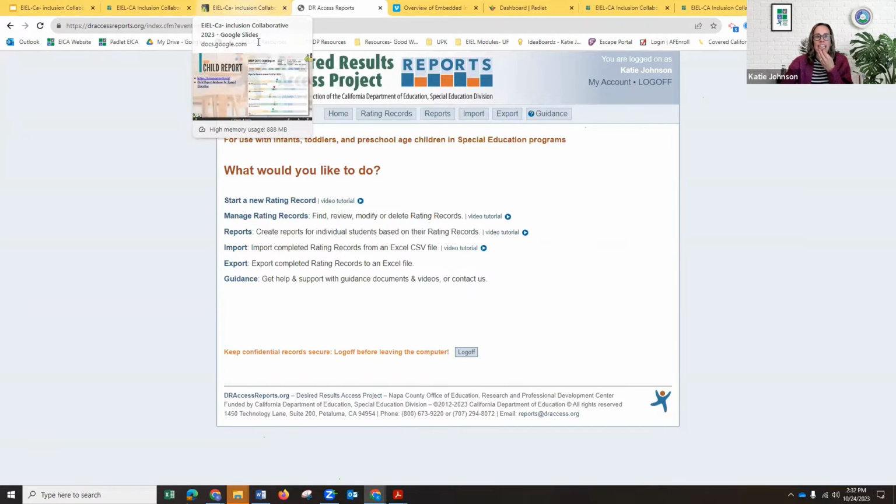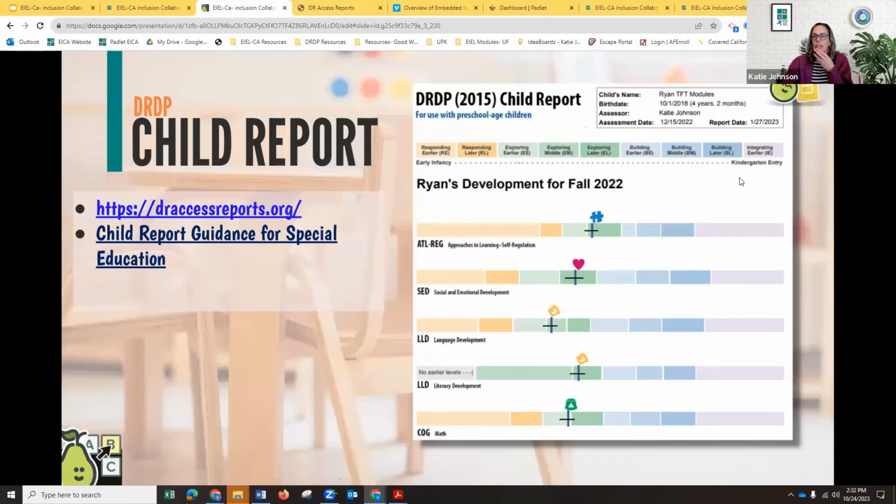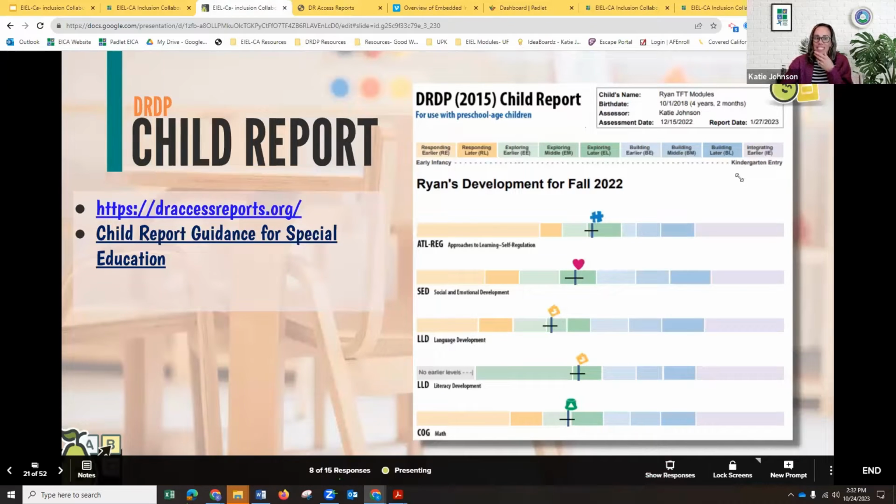There's also some guidance around the reports. If you are general education teachers, you also have access to this child report. It's just sort of a different avenue to get there for that child report.